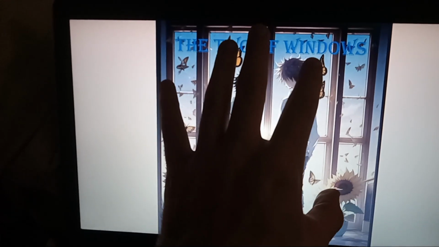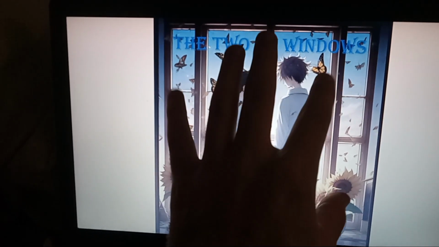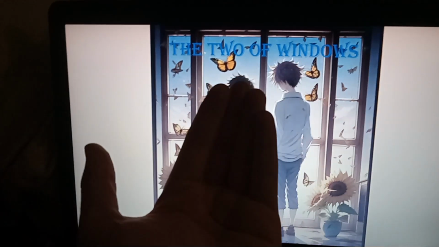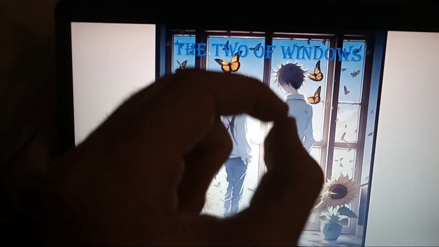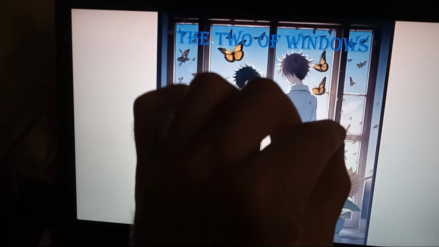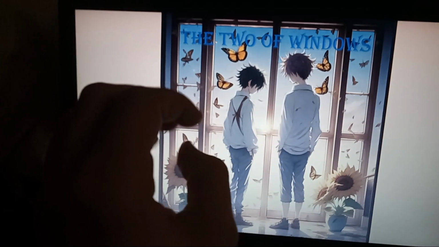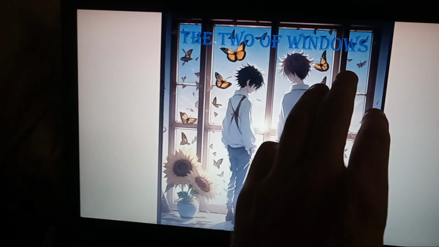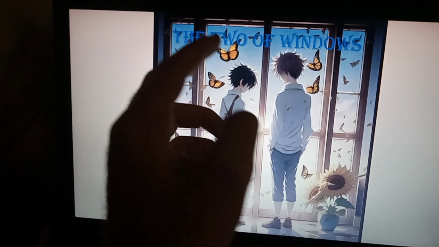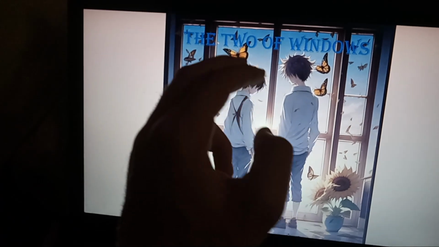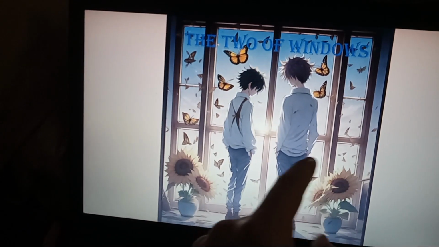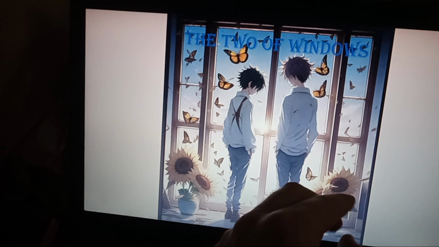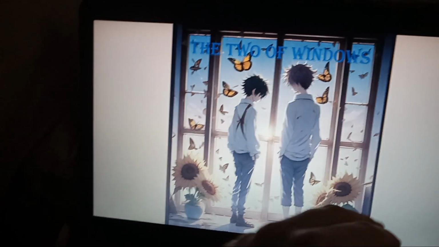So what our perspective would be from the other side of his mirror, and he would be looking in, and what we would be seeing is what's reflected behind him. And what would be reflected behind him would be two windows, and behind one there would be all of these beautiful butterflies, and behind the other there would be these beautiful sunflowers.